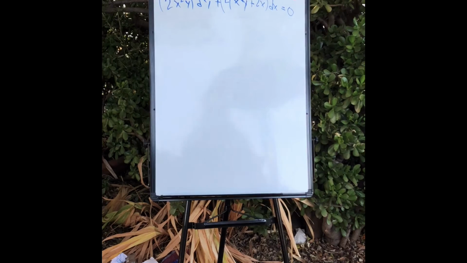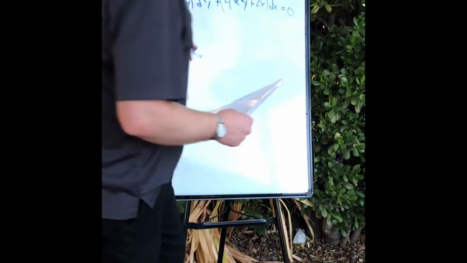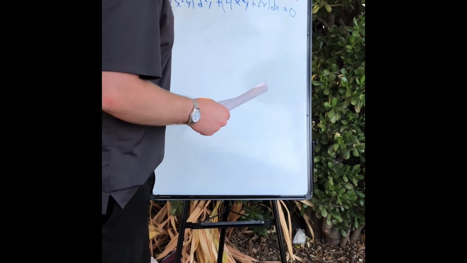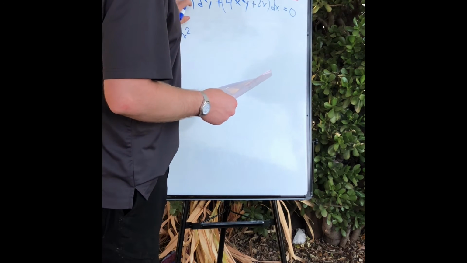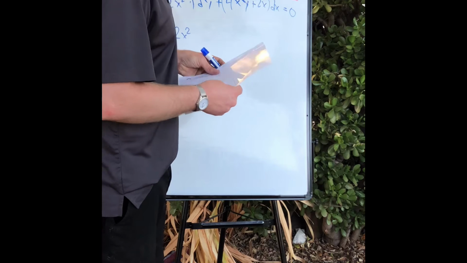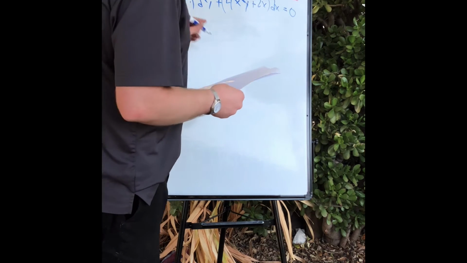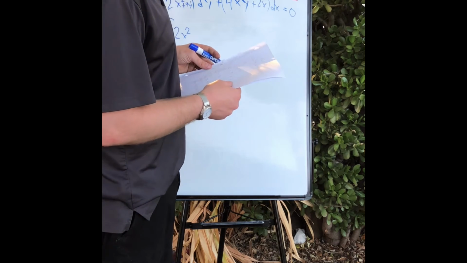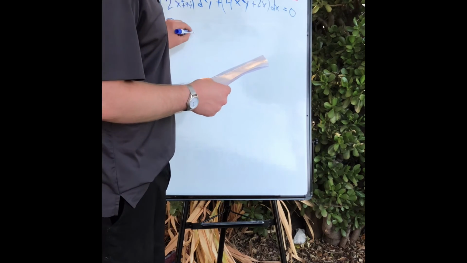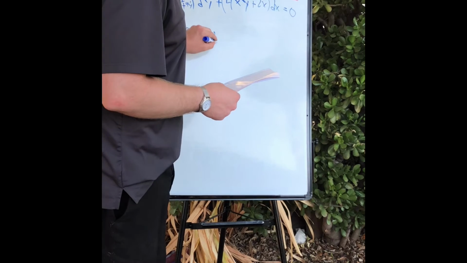Okay, so you integrate both of those at the exact same time. So 2x squared plus 4y, and 4x squared plus 2, okay, I got it right now. 2x squared plus 4y dy.